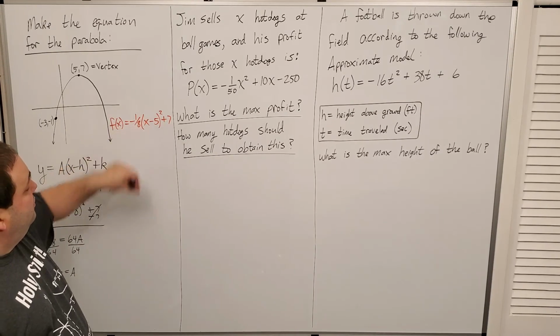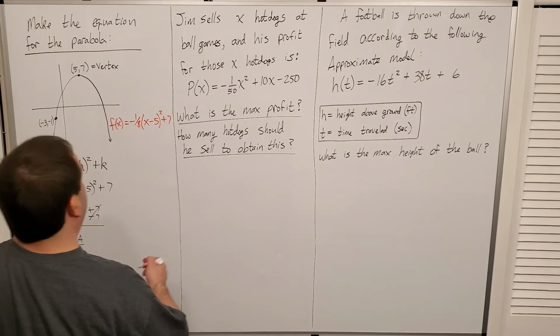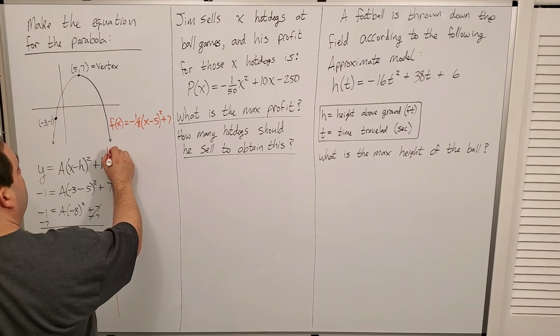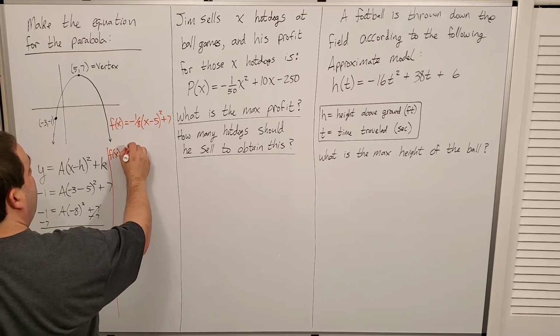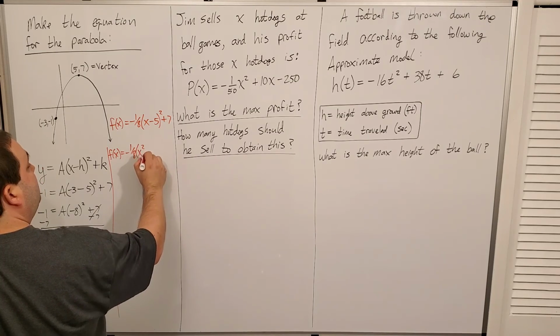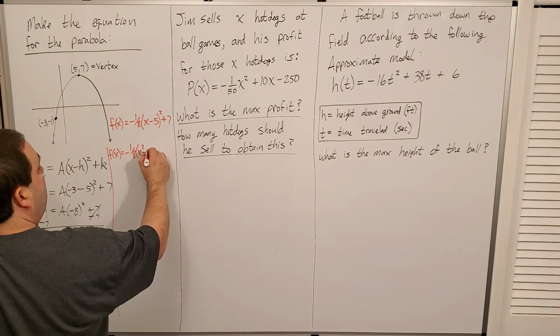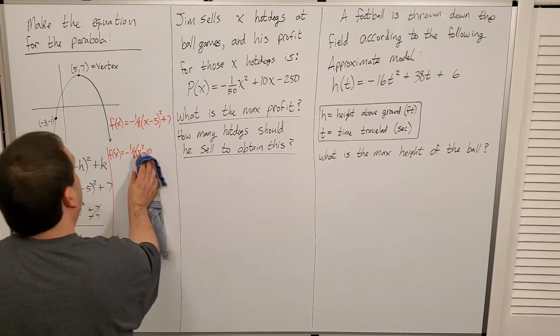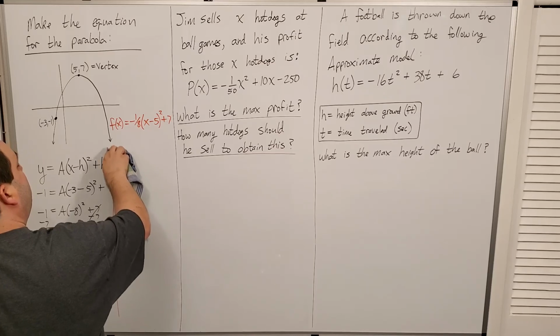To do that, we would just FOIL out the (x minus 5) squared. So f of x equals -1/8. FOILing out the (x minus 5) squared would give us x squared minus 10x plus 25, plus 7. I don't think I'm going to have enough space, so I'm going to leave out the f of x for a moment.